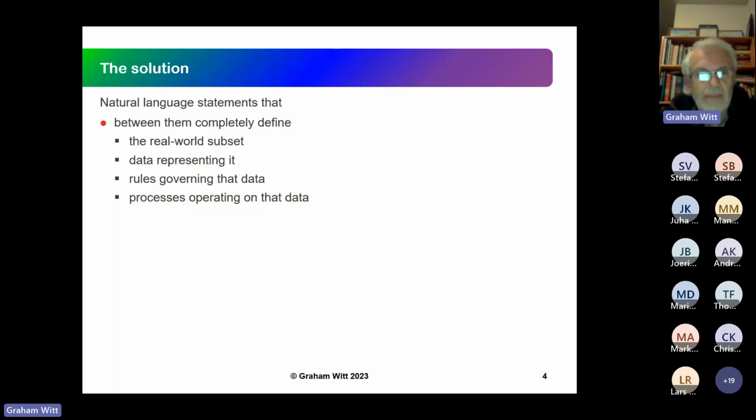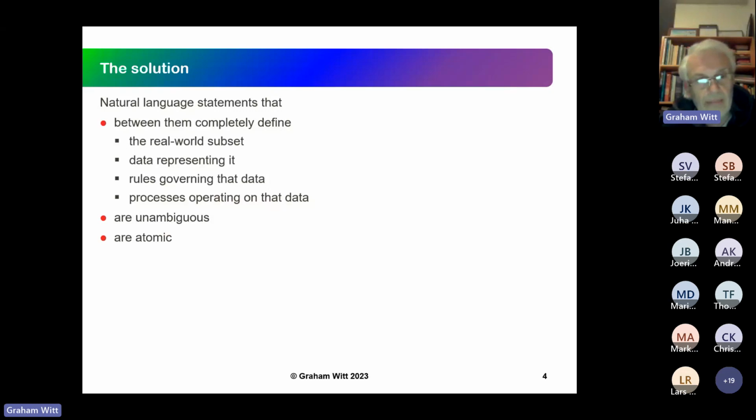So natural language statements, in other words, human language statements, that between them completely define, and that's important, a complete definition of either the real world subset that we're modeling, the data that represents that real world subset, the rules that govern that data and the processes that operate on that data. But these statements must also be unambiguous, so they must be carefully worded because, as we know, natural language can be highly ambiguous if we don't take care with how we write the statements.